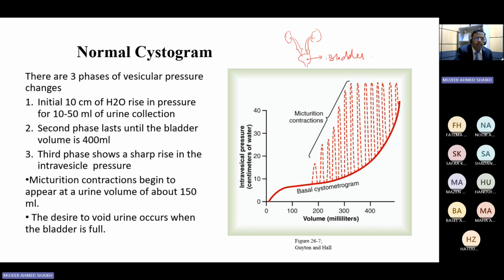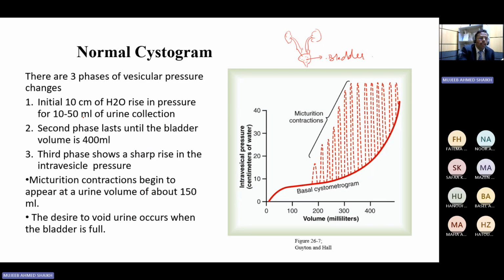So if the drops are collected here, what happens when there is a collection of about 10 to 15 ml of urine? Let's say first the person has micturated, cleaned the bladder, just gone to the bathroom and voided the urine. So there is no urine.